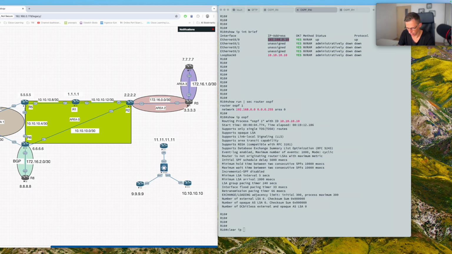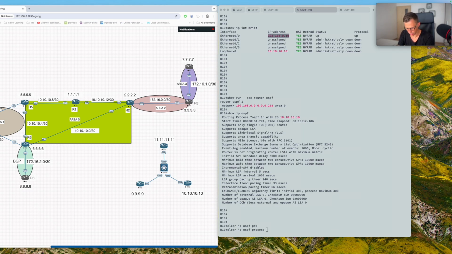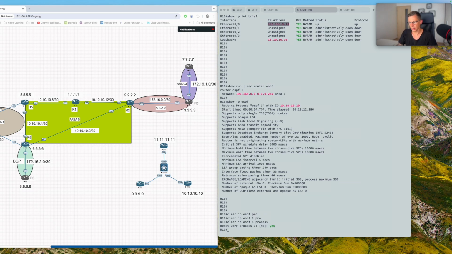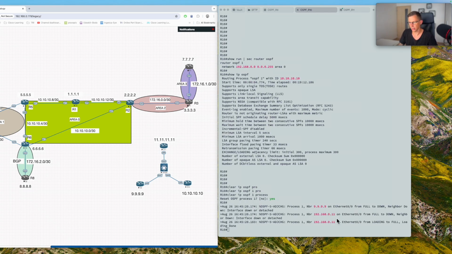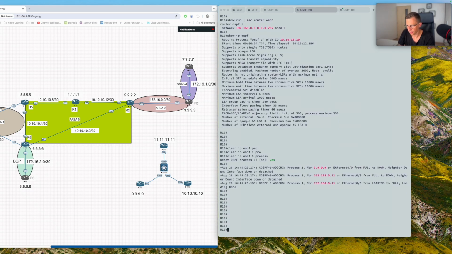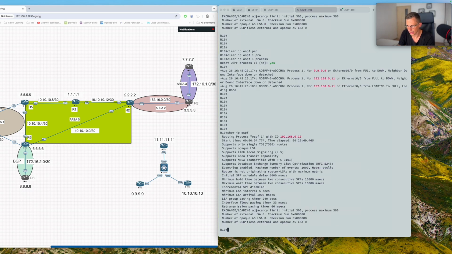Obviously, if I go and now try to reset the OSPF, clear ip ospf process 1. It needs to be clear ip ospf process. Yes. Let's see, it will reset. And I do show ip ospf. It's there.